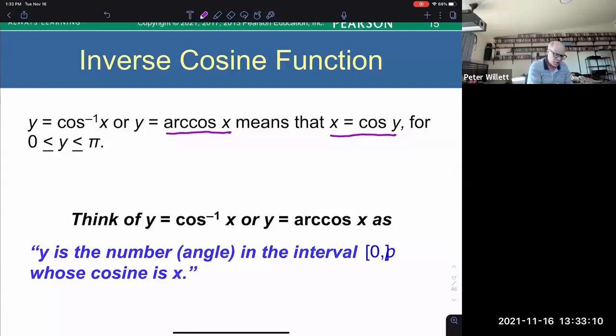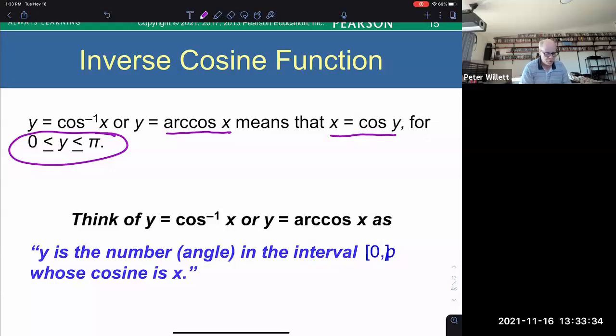And in this case, look at the restriction is between 0 and pi. So notice the domain for the inverse cosine function, the restricted values of what you can get. The restricted domain for cosine is not the same as the restricted domain for the sine function.